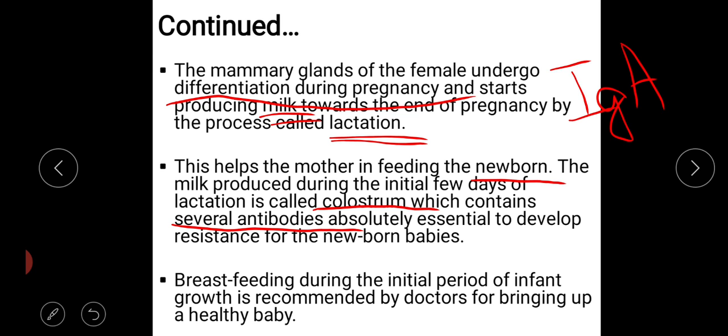So this IgA, or different immunoglobulins, usually help to do what? Help to fight against diseases or several germs. So breastfeeding during the initial period of infant growth is recommended by doctors for bringing up a healthy baby.